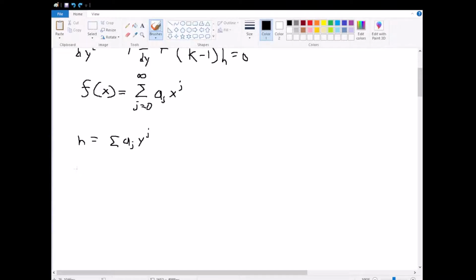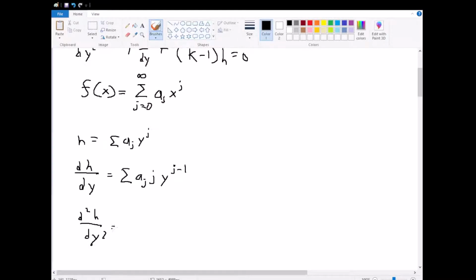What this will give us is dh by dy is equal to the summation, once again with the same indexes, of j equals 0 to infinity, of a sub j, which is our constant coefficient, multiplied by j itself, multiplied by y to the power of j minus 1. We can do the exact same thing again to get the second derivative of h, d2h by dy squared.